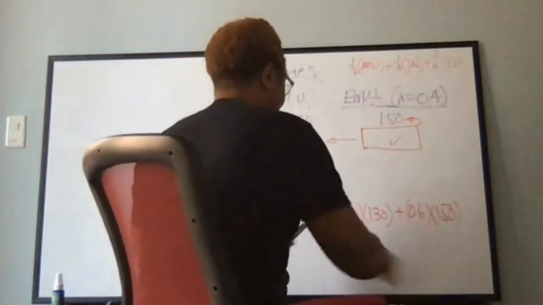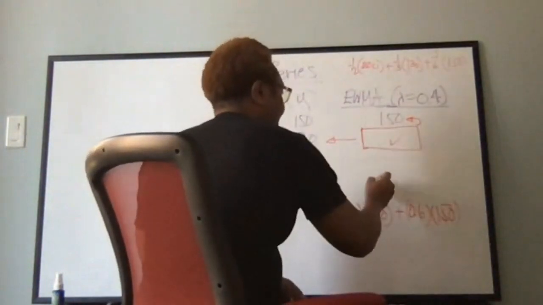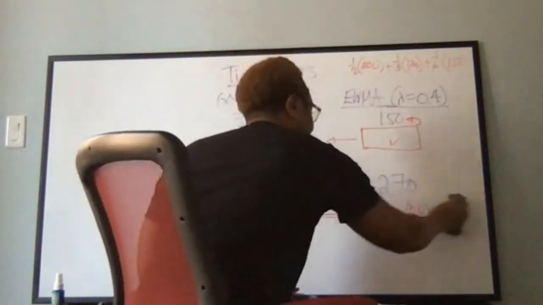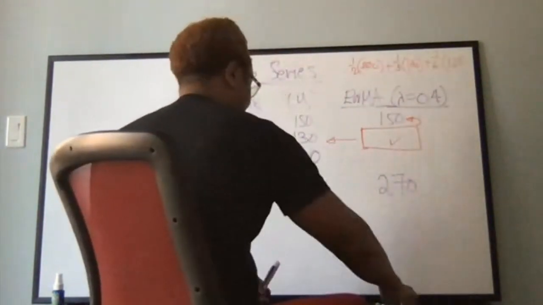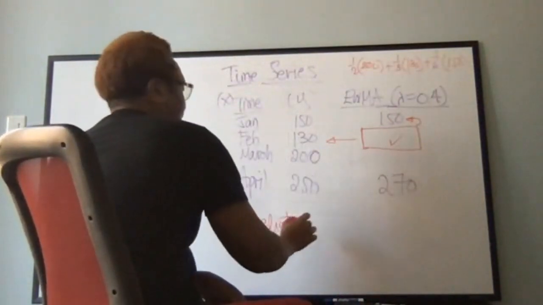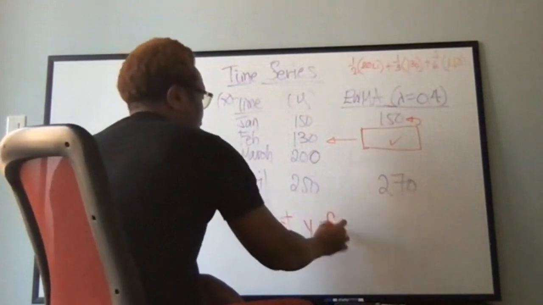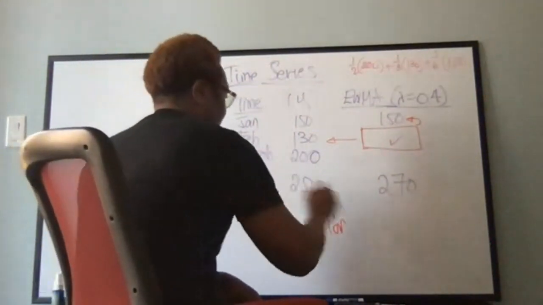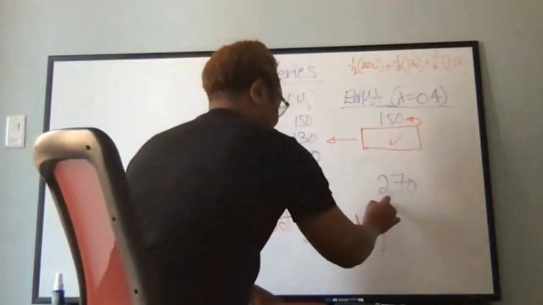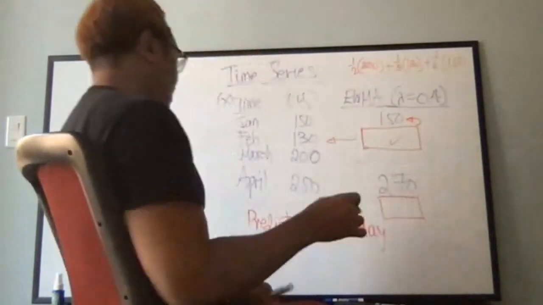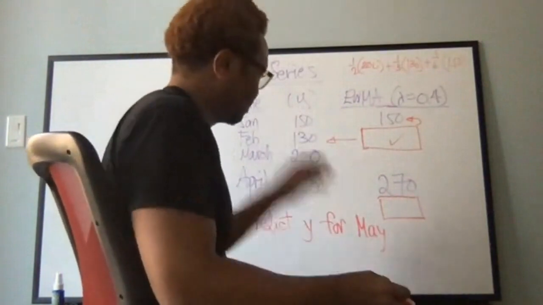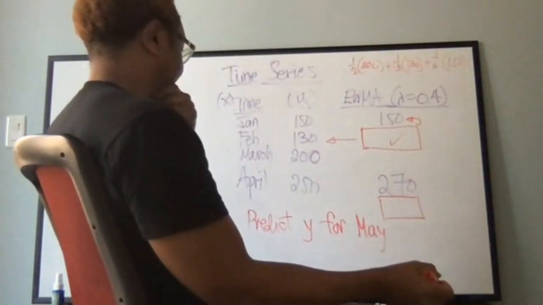Now let me ask this right quick. Suppose you get down here and you find out this answer is 270. And if I tell you to predict y for May, so I'm asking you to predict y for May using EWMA, can anybody tell me how we do that?